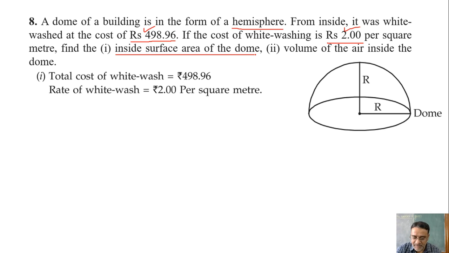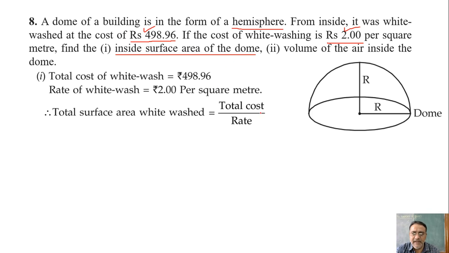So total surface area of whitewash, that is inner surface area, will be total cost upon rate. So this is equal to 498.96 divided by 2. And what we are going to get? 249.48 meters square. Okay. So this is the inner surface area of the dome.